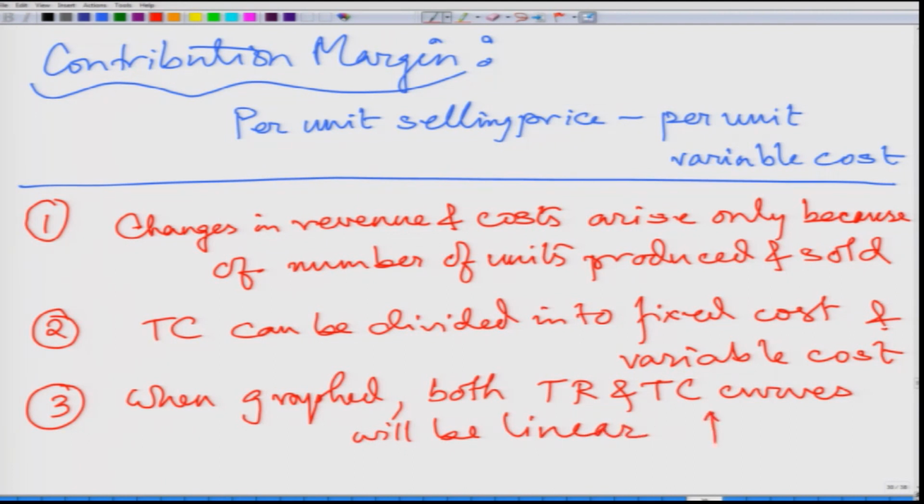So when I have my total revenue curve, which we saw is a straight line, my total cost curve will no more be curved, it will be something like a straight line. So this, the green one is my total cost, and the blue one is my total revenue curve. So when graphed, they will take a straight line approach.